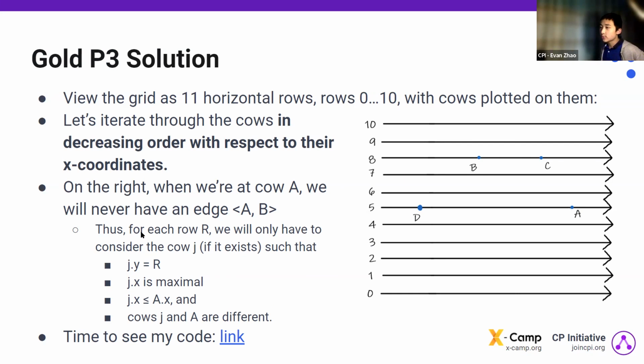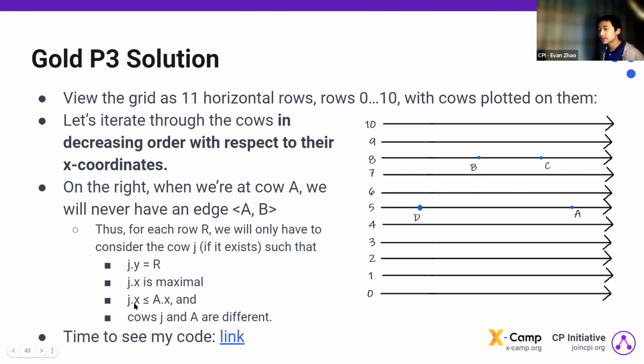Thus, for each row R, we only have to consider the cow J, if it exists, such that, first of all, J.y equals R. So on each row, we consider the cow that is on the row, and J.x is maximal. On this row, it will be this cow, and cows J and A, and J.x is smaller than or equal to A.x. By the way, the .x and .y here mean the cow's x and y coordinates respectively.